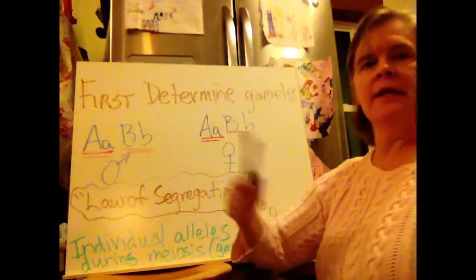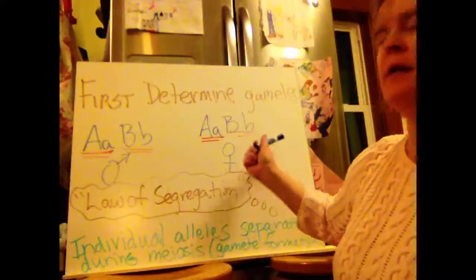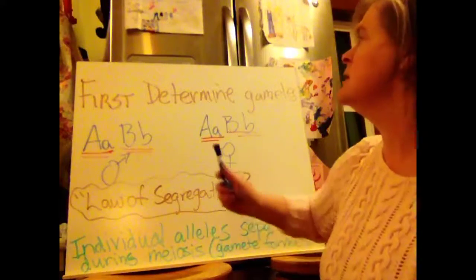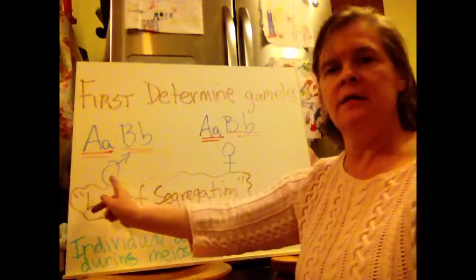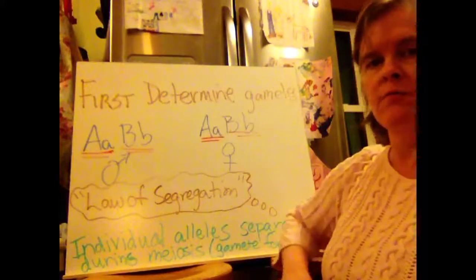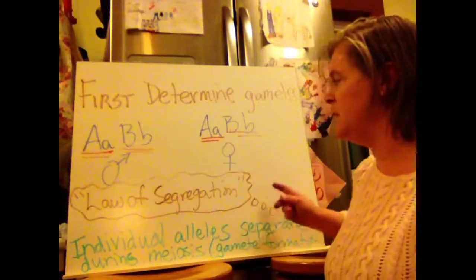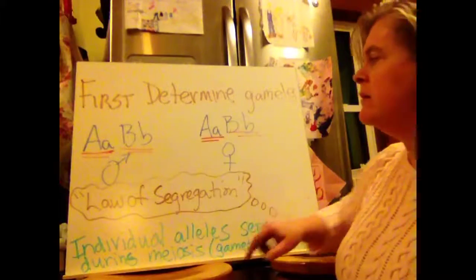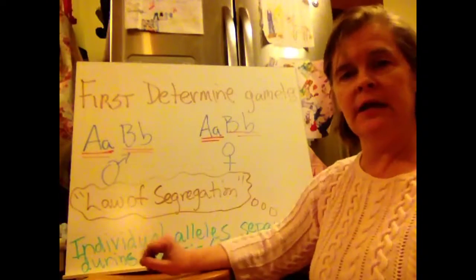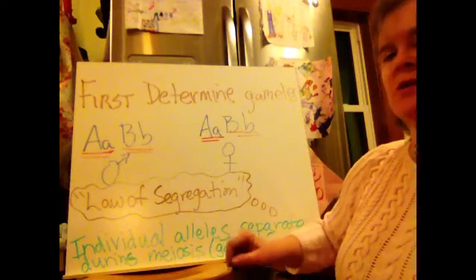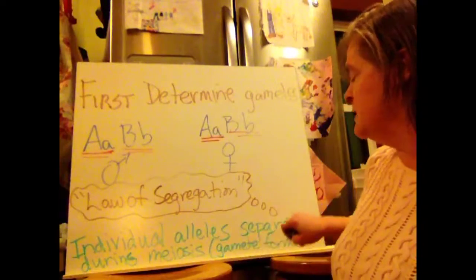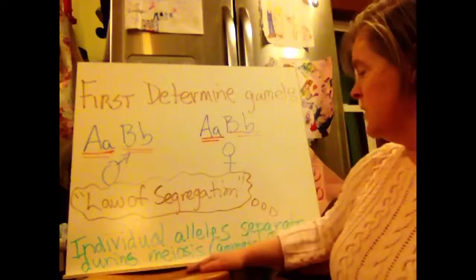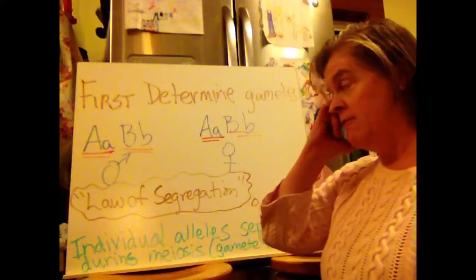When we do this dihybrid cross with heterozygous parents, first we have to determine the gametes. We look at the male and the female, both are heterozygous. And we think about Mendel's law of segregation, which says that individual alleles separate during meiosis or gamete formation.